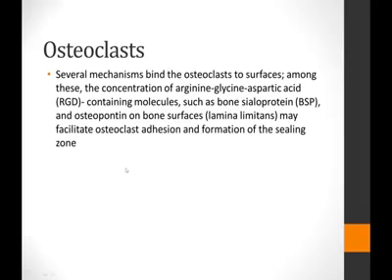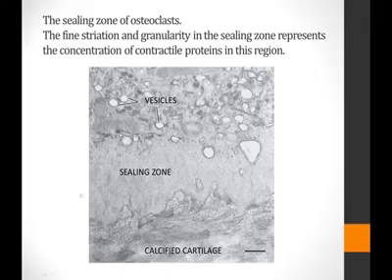So there are many mechanisms that the osteoclast has. It has certain proteins जो adhesion में help करती हैं, then it has other molecules like bone sialoprotein, osteopontins present on the bone surface जो sealing zone को help करती हैं in the attachment of the osteoclast to the bone surface.